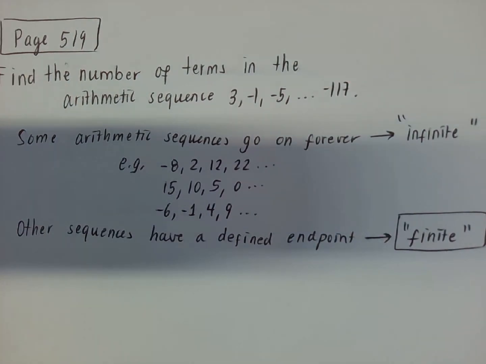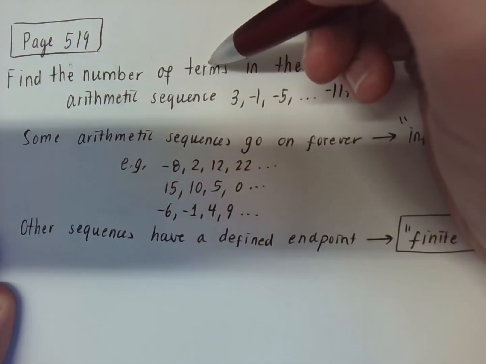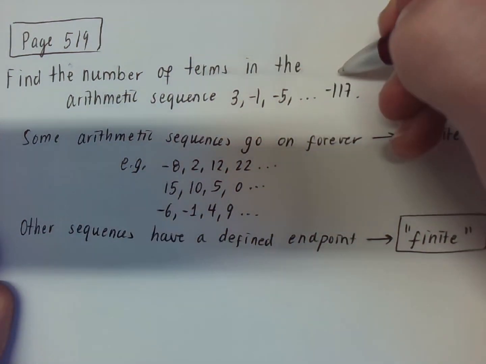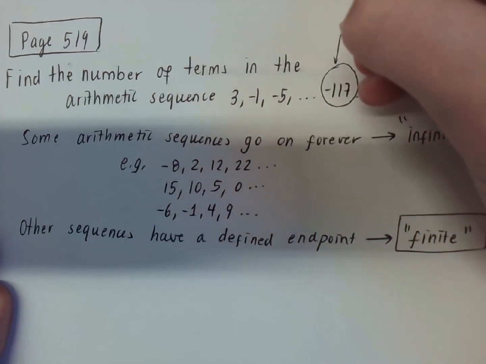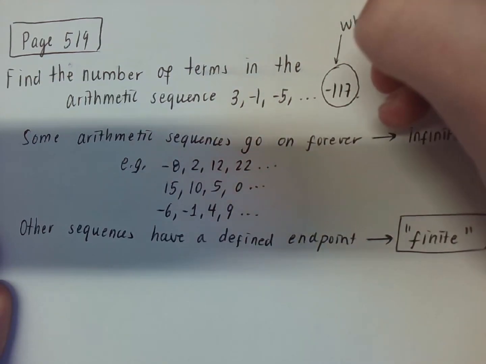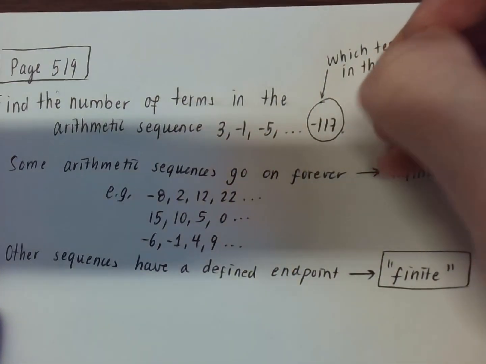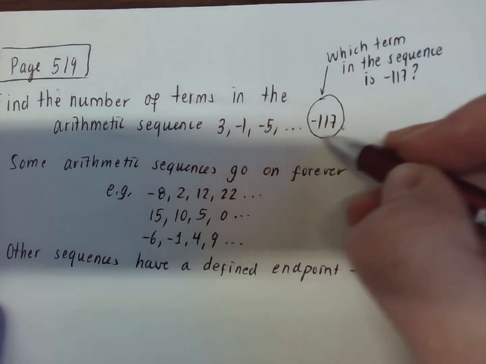And so if we want to know the number of terms, what that's actually asking us is, which term in the sequence is negative 117? What's the n value?